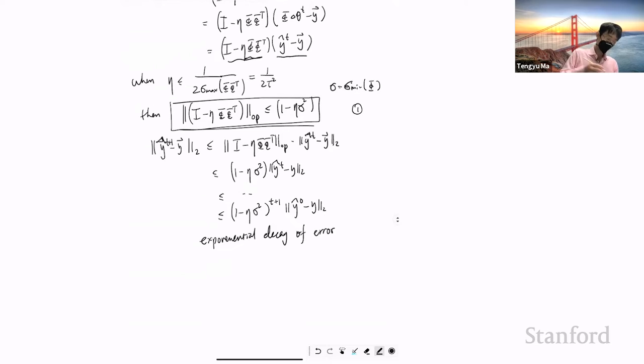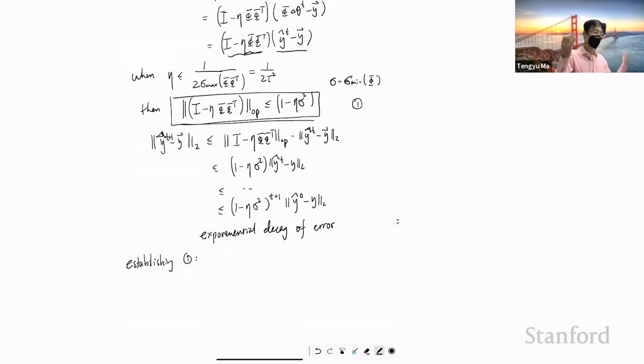So, establishing 1. Intuitively, it's just that this is a PSD matrix, so that's why you subtract something and your operator norm is less than 1. But we need to make sure we know exactly how small it is, because it has to be strictly less than 1. That's why we needed this inequality 1.